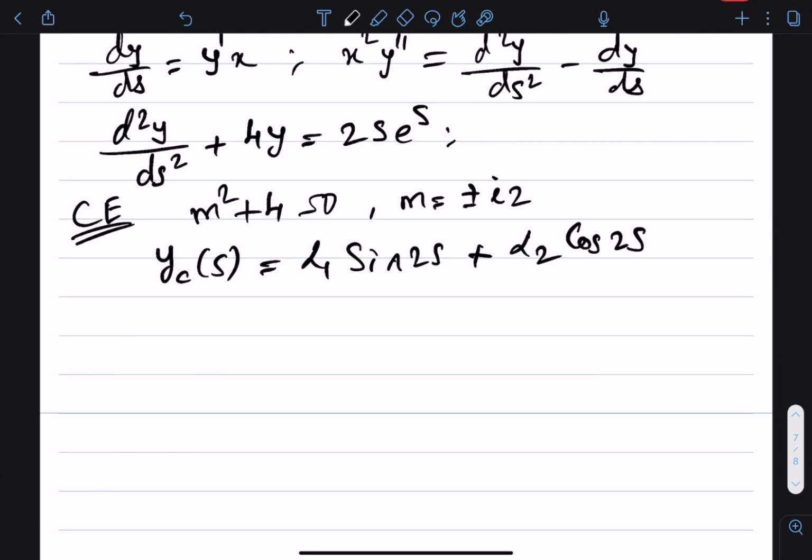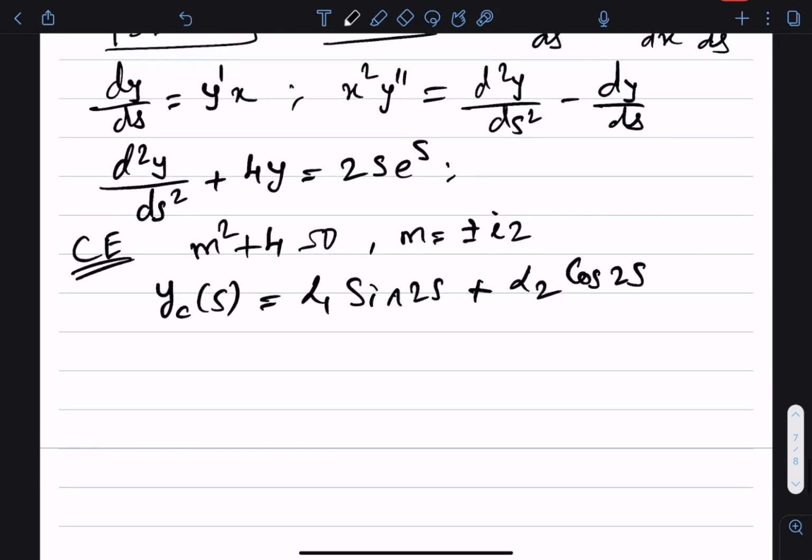So that's the complementary function. Now we have to find the particular integral. We will use the method of undetermined coefficients. So the right hand side is your f of s, let's say, right?